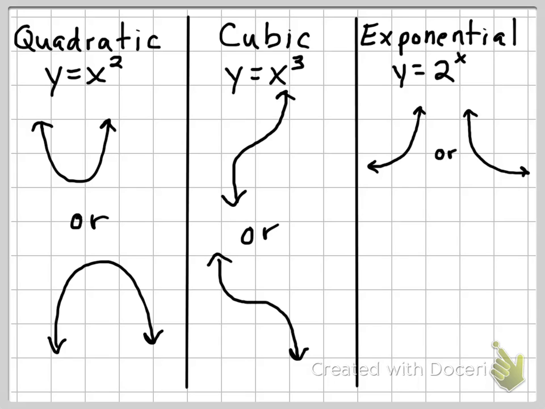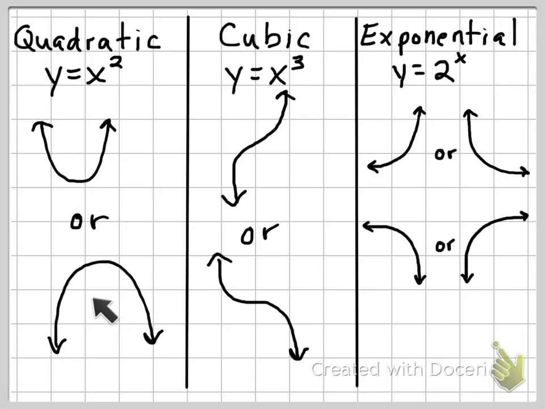But this one has even more, because I could make this one flip over this way, and it could be going down on the right and flat on the left, or it could be going down on the left and flat on the right. So any of these can be flipped upside down or sideways. It's just these two.